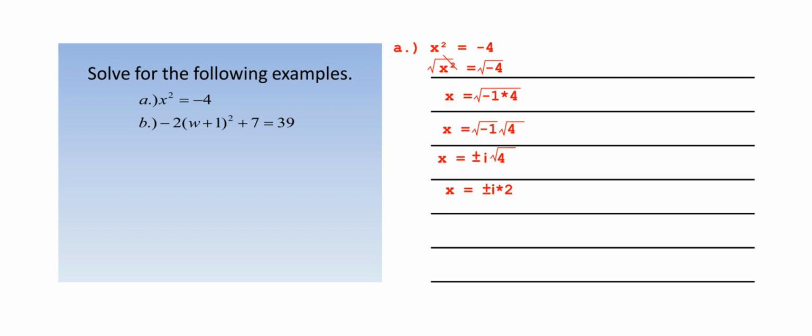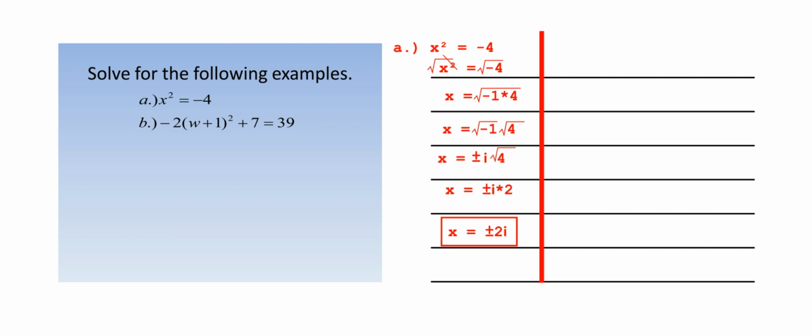So in this case, we have plus or minus i times 2, technically. Be aware, we typically write the number followed by the variable in most case scenarios. So no reason why we couldn't put the i afterwards to make it more of a typical format. I should say x equals plus or minus 2i would technically be the best way to answer this one.